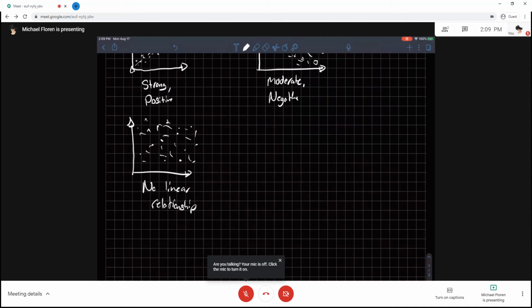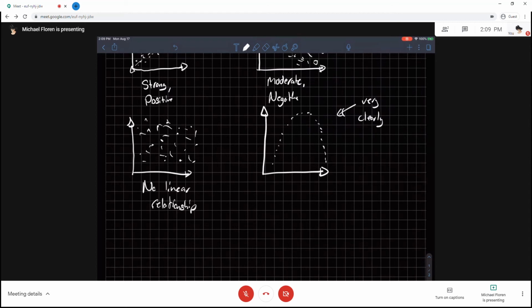And we can also have something like this, where let's say we actually have a really strong relationship. So we can clearly see this is very clearly quadratic.